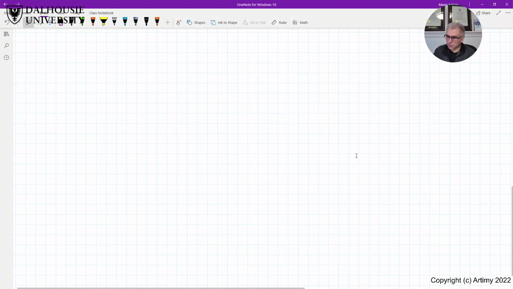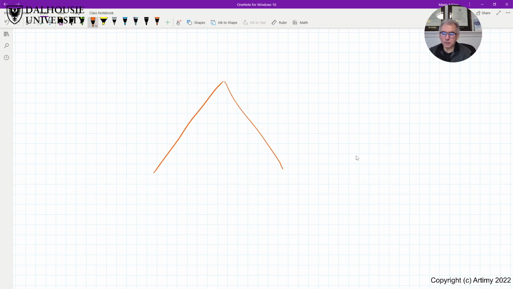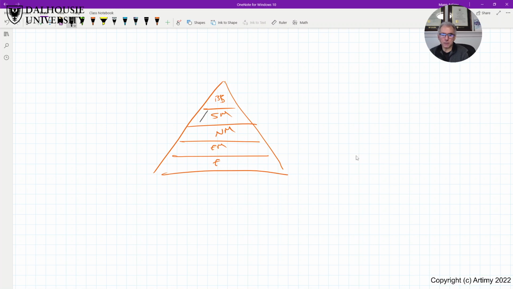So if you want to relate the two, we have the pyramid of the TMN. It has the elements, the element management, network management, service management and the business management. And if you look at the functional areas, they can be drawn like this. FCAPS: fault, configuration, accounting, performance, and security.